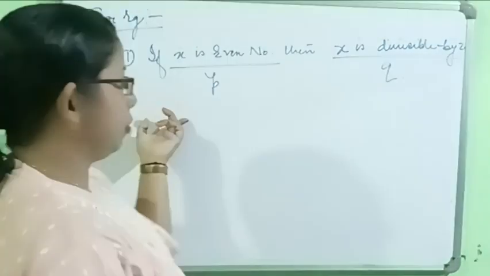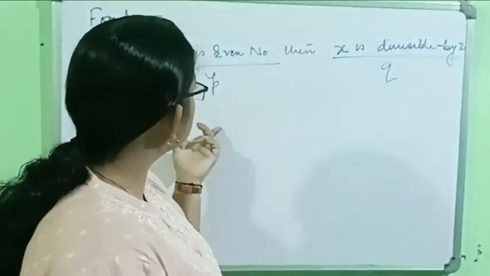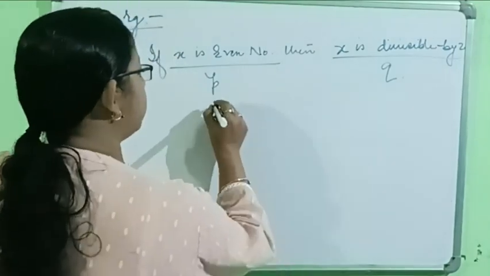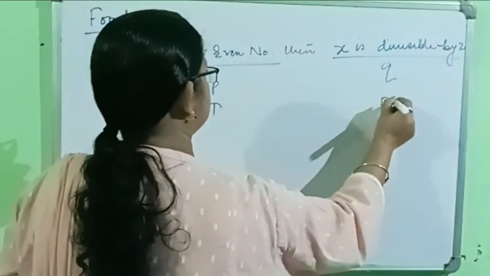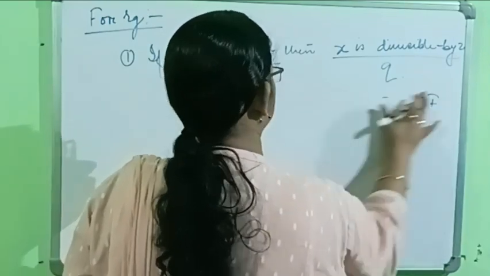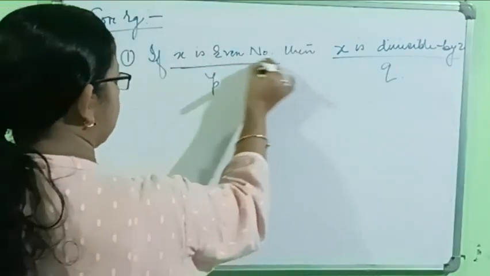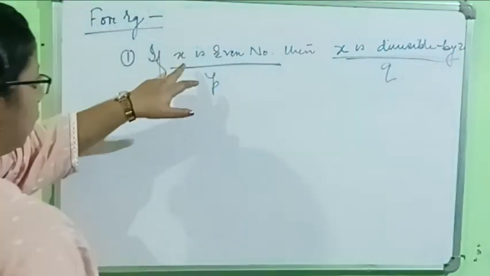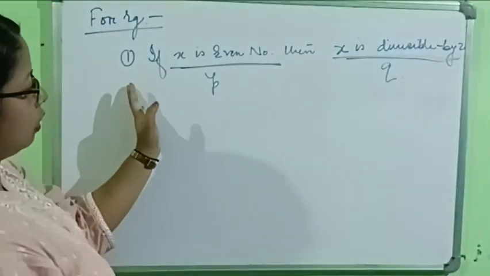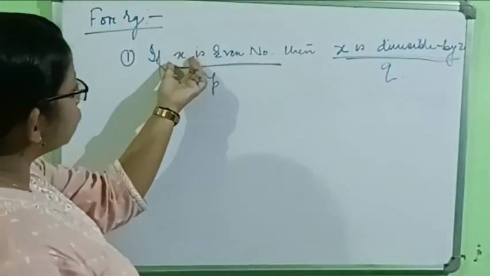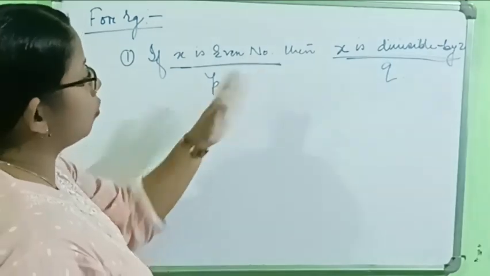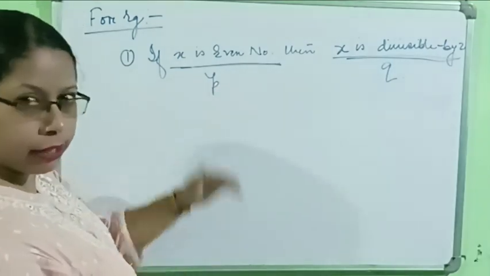This statement will be true if both are true, except when the antecedent is true and the consequent is false, then it is false. Otherwise it is true. If x is an even number, x is divisible by 2 is a true statement, but we cannot check here whether, if x is not an even number, it is divisible by 2 or not. We are not going to check that in implication.